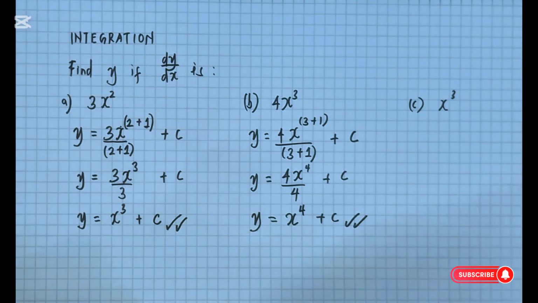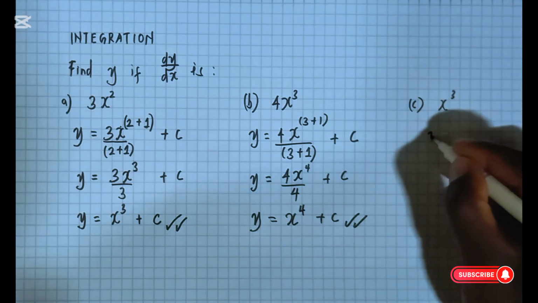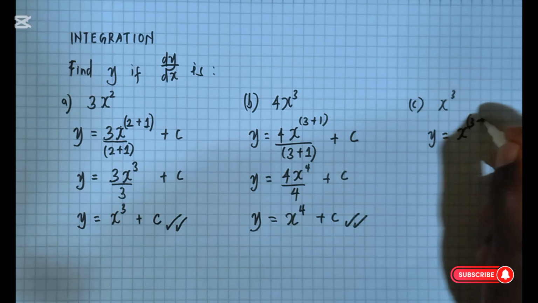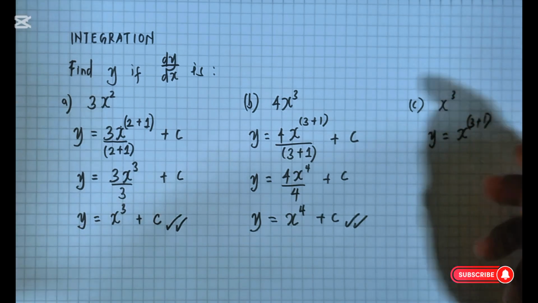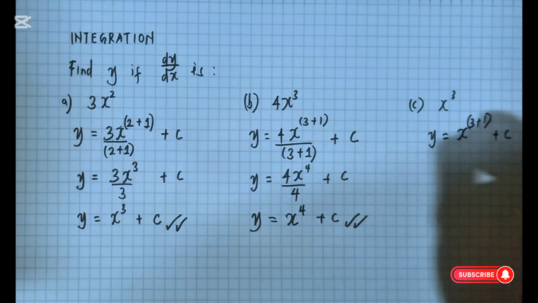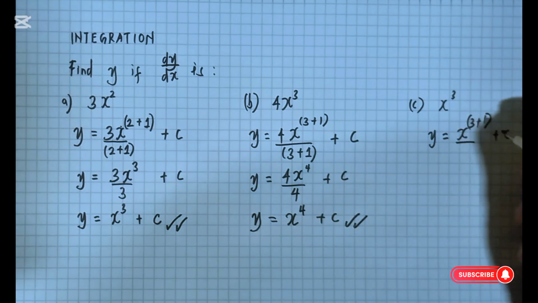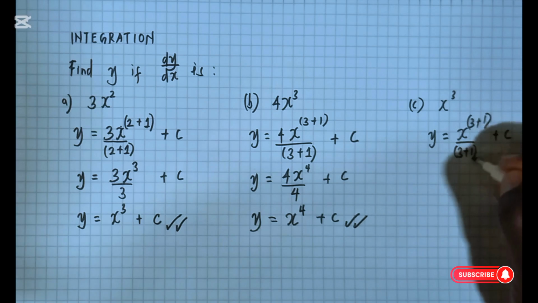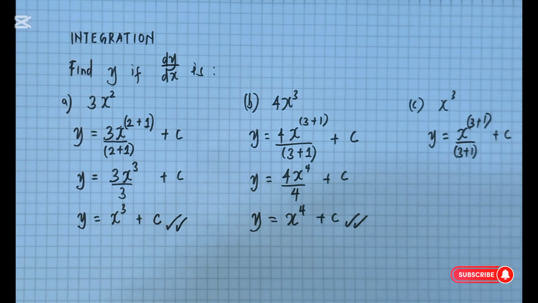For the last problem, the value of y equals x to the 3 plus 1, of course, whatever we have in the index plus 1, plus the y-intercept, which in this case we take to be c. Remember that we're supposed to divide this by 3 plus 1, the sum of whatever we got in the index.